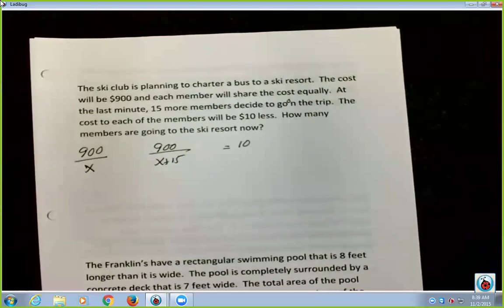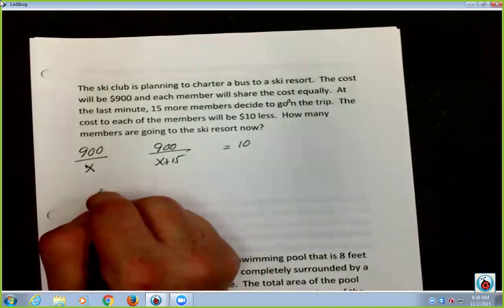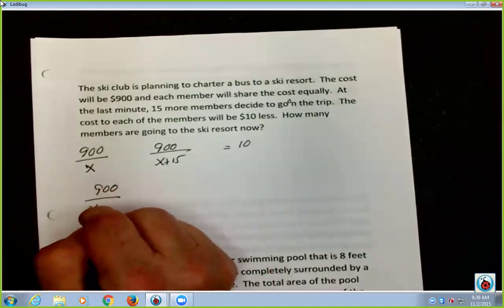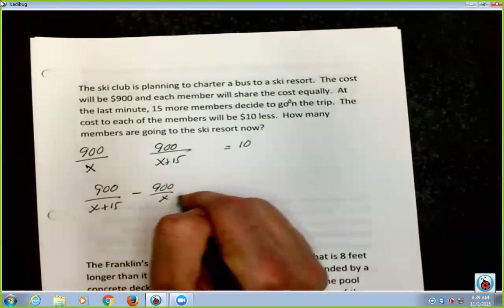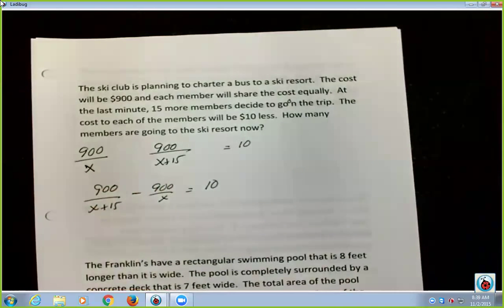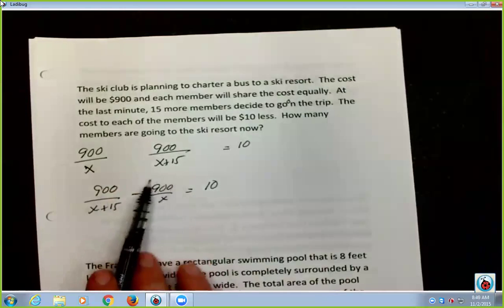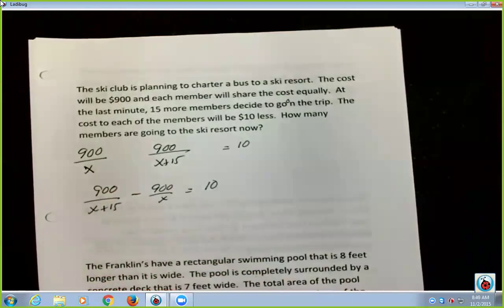So if I put this together, this is what needs to go first this time. So 900 over x plus 15 minus 900 over x is going to equal the difference of $10. I know it makes you think that 10 needs to be negative, but because you're reducing it by what they would have paid, you're coming up with that $10 in there.